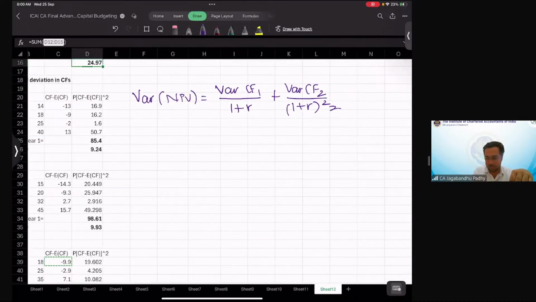But wait, since it is a variance term, a square term, remember this aspect: variance of cash flow in year 1 is a magnified deviation, correct? So I cannot divide it by 1 plus R. Rather, I need to divide it by a magnified discounting factor, which is 1 plus R squared.